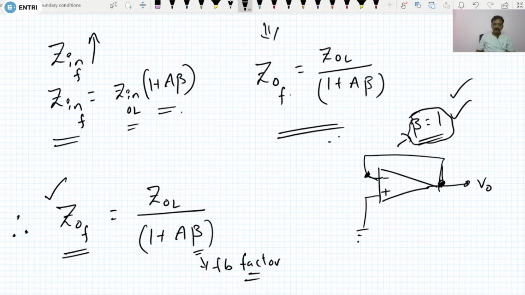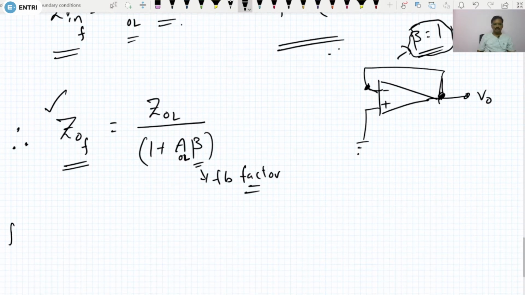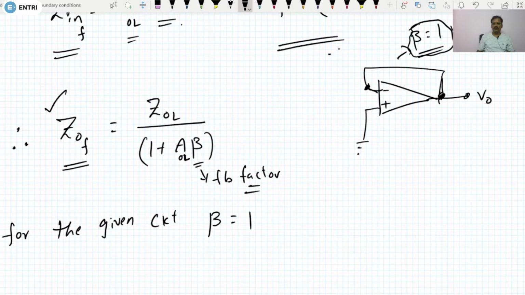Remember, this A is nothing but the open loop gain. So for the given voltage follower circuit, the feedback factor beta equals 1.